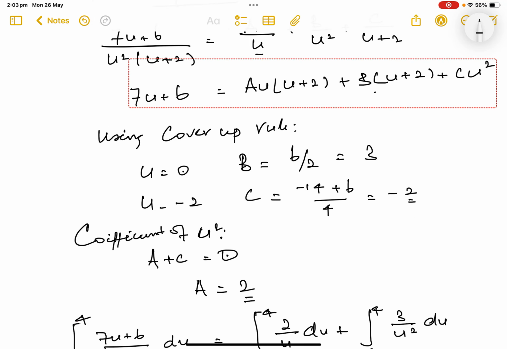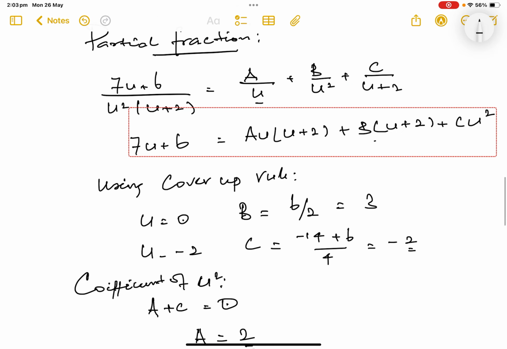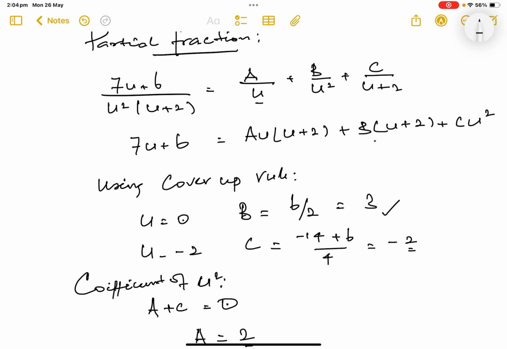So cover-up rule, just cover u squared. In other words, u squared becomes 0, so u equals 0. So B equals, on the left-hand side, cover the u squared and substitute u for the rest. So 7 times 0 plus 6, divided by 0 plus 2. That is 6 over 2, 3. That is B equals 3.